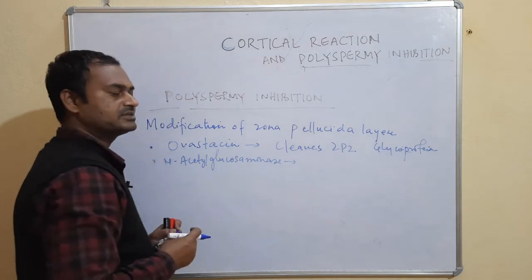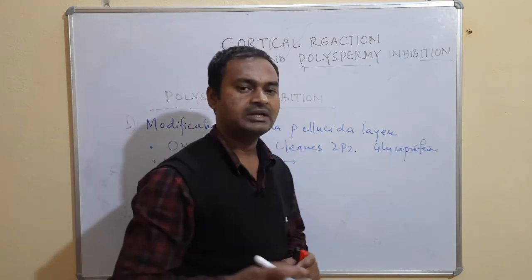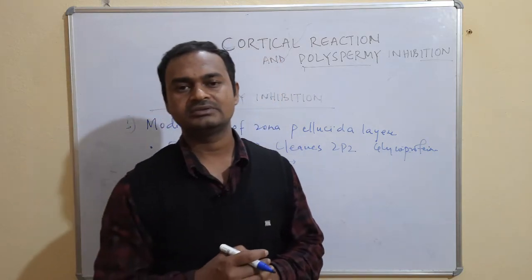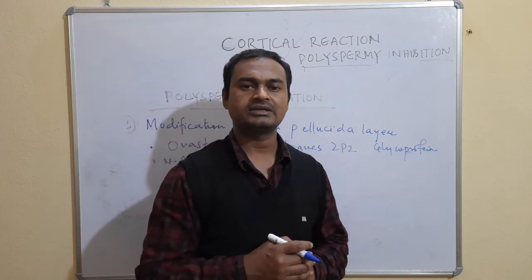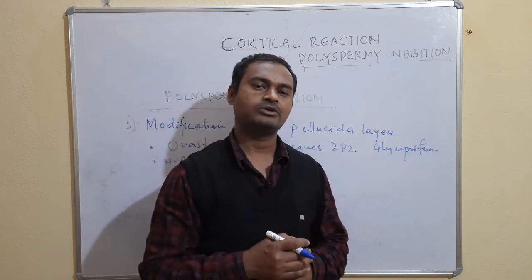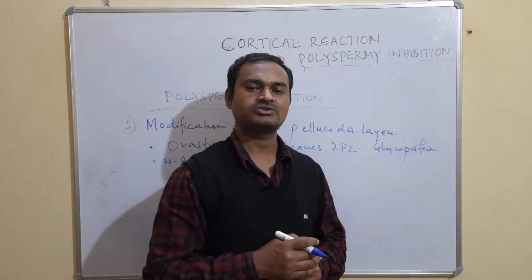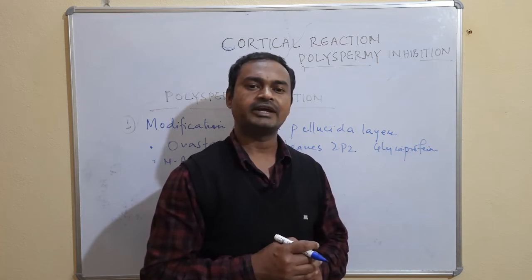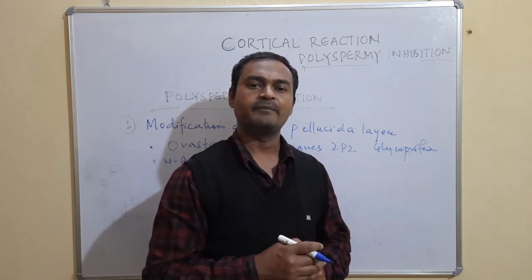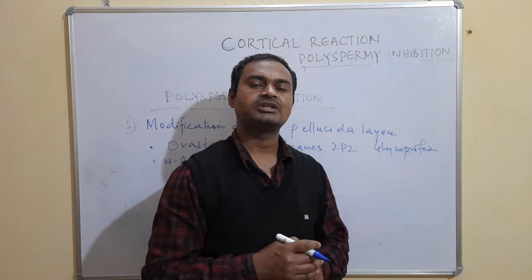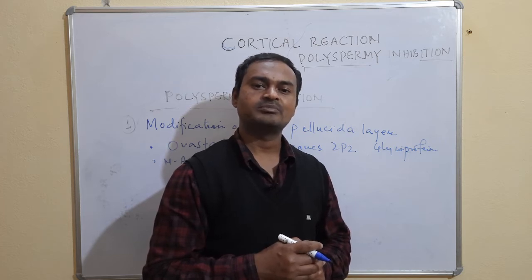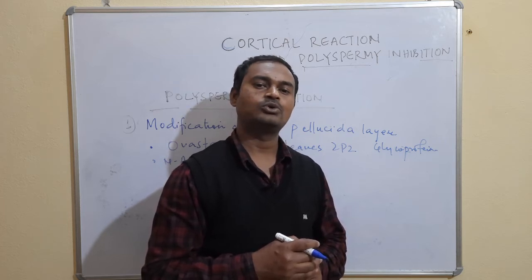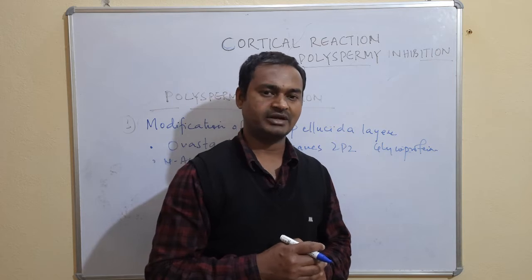And this is responsible for the clipping of another carbohydrate molecule which is present or expressed on the zona pellucida membrane, and that is called N-acetyl glucosamine, through which the sperm glucosyl transferase binds.